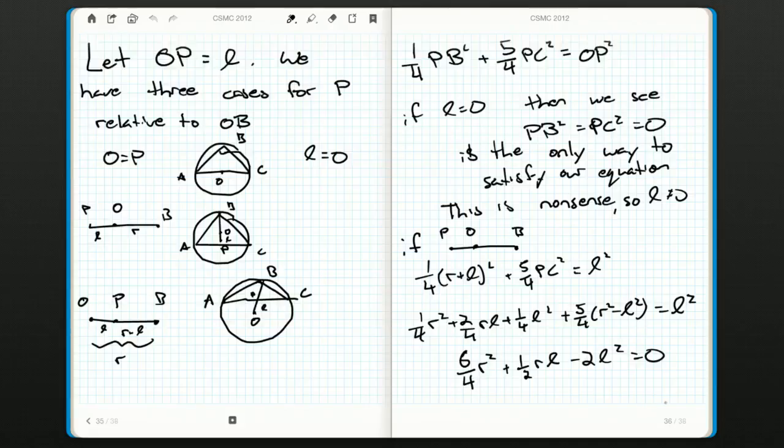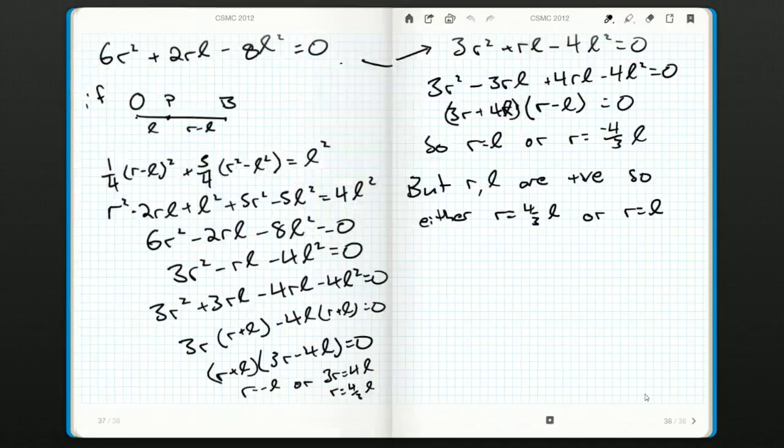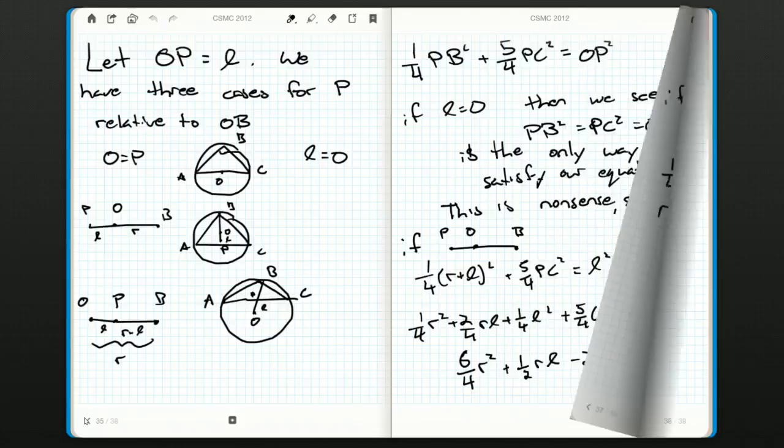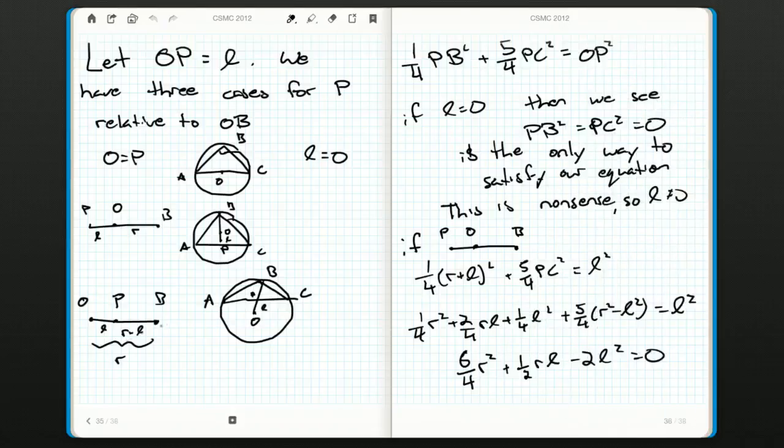Well, hang on. If r is equal to L, something I just thought, if r is equal to L, which admittedly is this case, then, yeah, this one up here gave us r equal to L. That means P and B are a diameter.